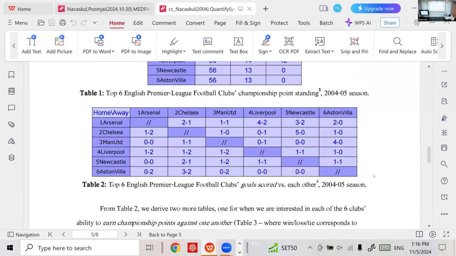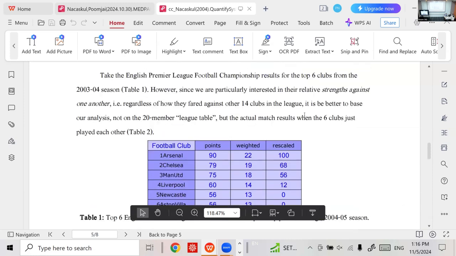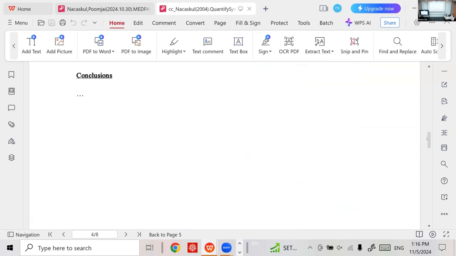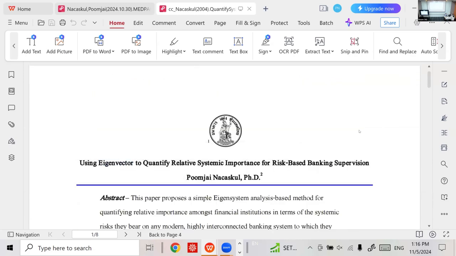Okay, and in fact, it has a similar kind of structure. And by applying abstract thinking, I was able to conceive relationships among banks, strength of banks and so forth, in a way that you would see in a British English football Premier League. Okay, but I'll come back. It may not make that much sense now, but remember this word called eigenvector. Okay, remember that word. I'll come back to it.